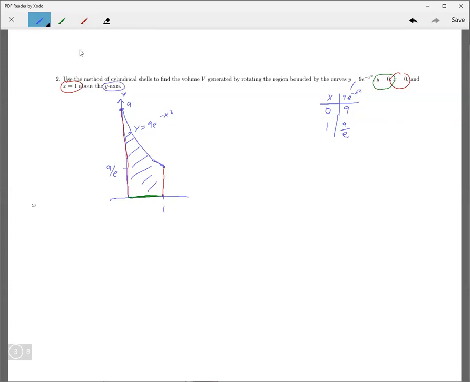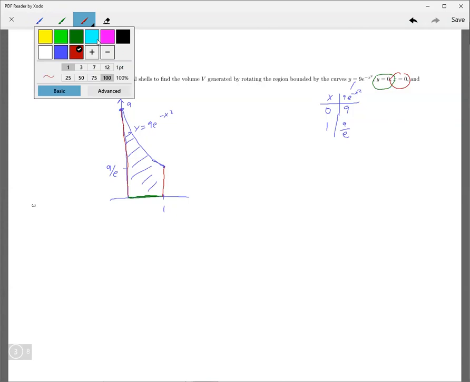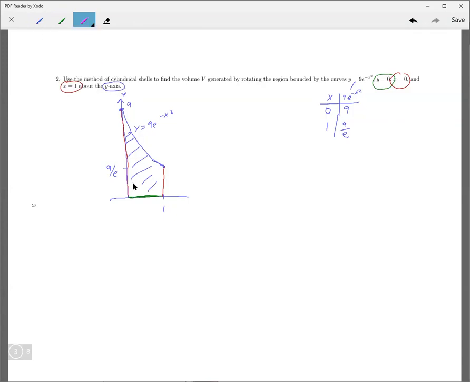Now it's going to be rotated this way, about this axis here. And what will happen is we'll get something that looks like this. If you take a cross section this way, you'll get a disk. But we're taking cross sections this way.